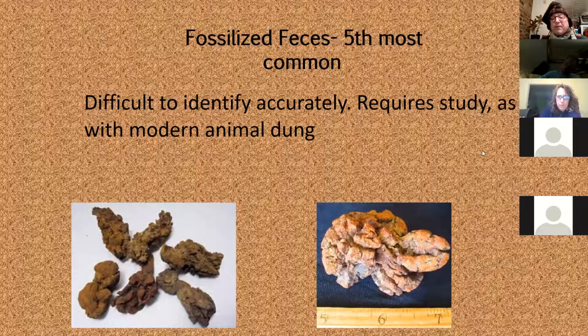And then the fifth most common, fossilized feces. They're out there. They're difficult to identify accurately. They require a lot of study. It's kind of like with modern animal dung, only more so.